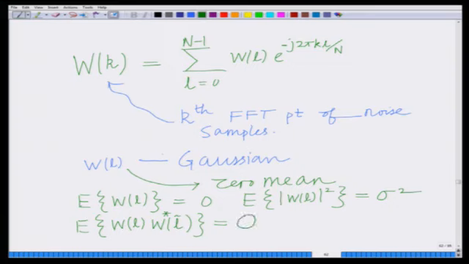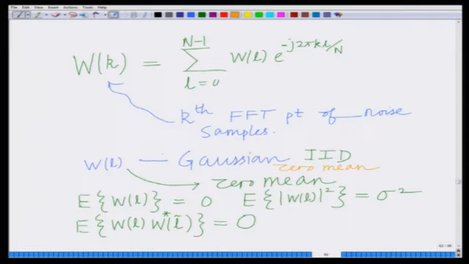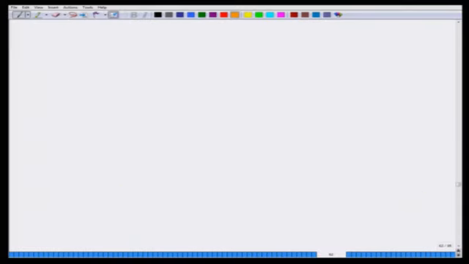Therefore, the correlation of wl and the conjugate of w l tilde is equal to 0. So, the noise samples small w0, small w1, up to small wn minus 1 are IID, independent identically distributed Gaussian, and zero mean. Okay. Now, let us look at the properties of Wk.